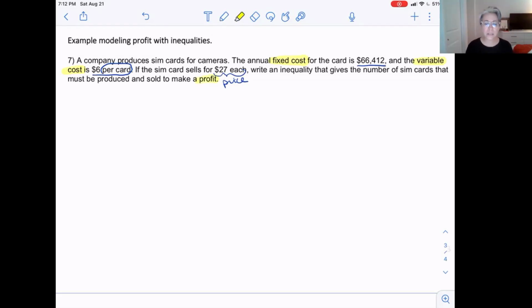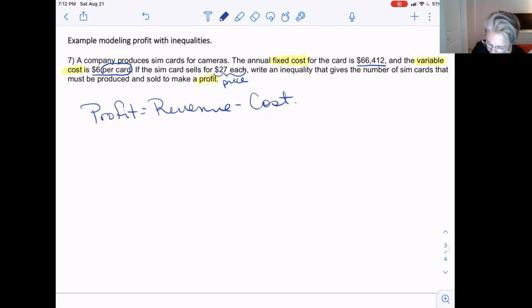So they're asking us about a profit. They did not give us a profit function, which means we have to come up with one. So let's go back in our little Rolodex or our notes if you need to remember how to find a profit. Well, we know that profit is revenue minus the cost to a company. And the first sentence actually gave us information about how much it's costing the company.